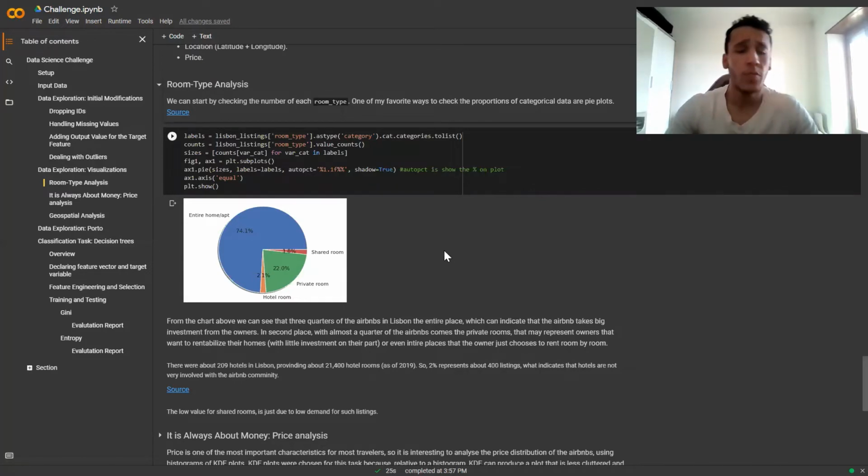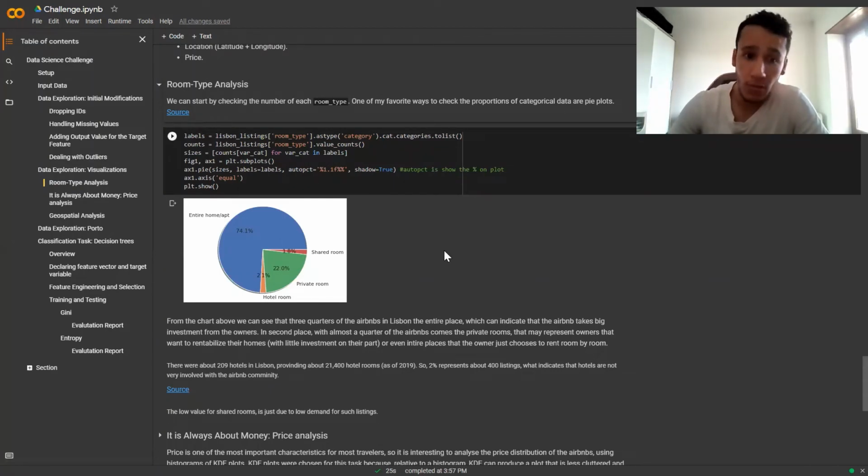About 22% are private rooms. It's either a person that divided an investment into several rooms, or a person that looks to get money from the house that he lives in, because, for example, I can live in a house with 7 rooms and it's my house, and I just need 1 room. I can rent the others and make some money out of that. So it's a smart move as well.